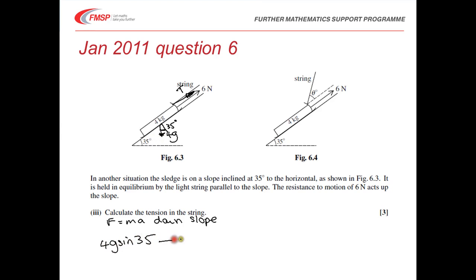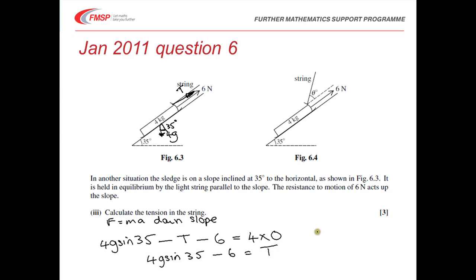And then acting up the slope we have the tension, and we have 6 newtons resistance. And that will be equal to mass times acceleration. Well, the acceleration is 0 because we're in equilibrium. And so rearranging this, we're going to have 4g sin 35, subtract 6, and then bring T over to the right-hand side. That's the thing we want.